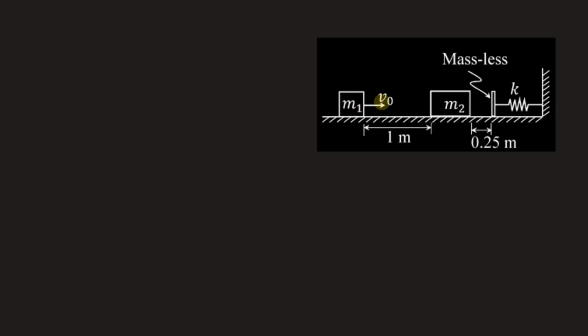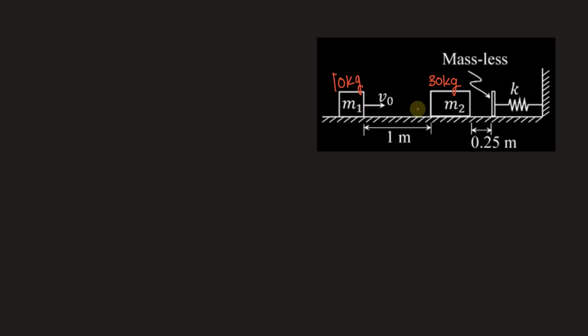In the first part, it is given that mass M1 of 10 kg moves with a velocity V0. This travels a distance of 1 meter and there is a mass M2 kept here, which is of course stationary, not moving.